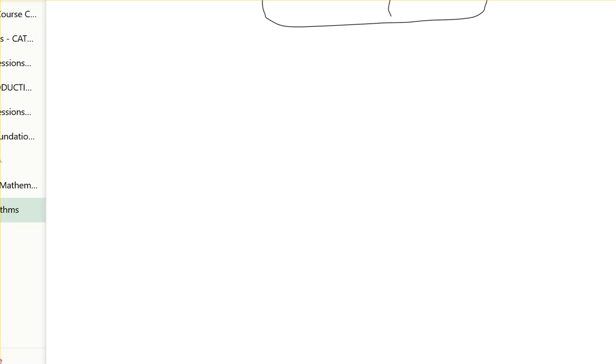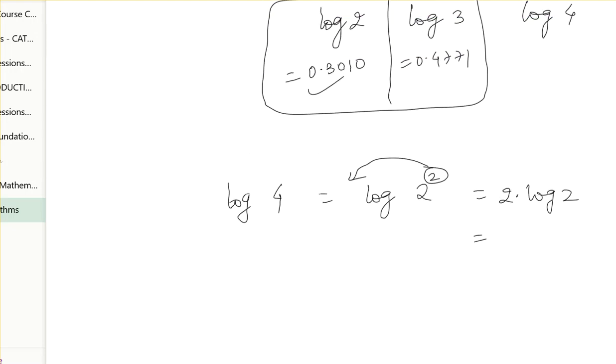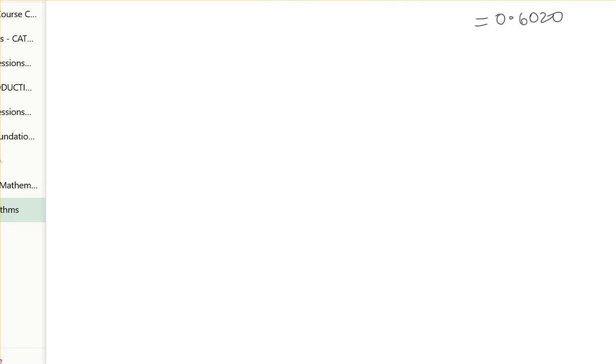See, we can do log 4. 4 is log 2 square. 2 comes here. It becomes 2 into log 2. Log 2 we just learned is 0.3010. 2 into 0.3010 becomes 0.6020. So log 4 becomes 0.6020.